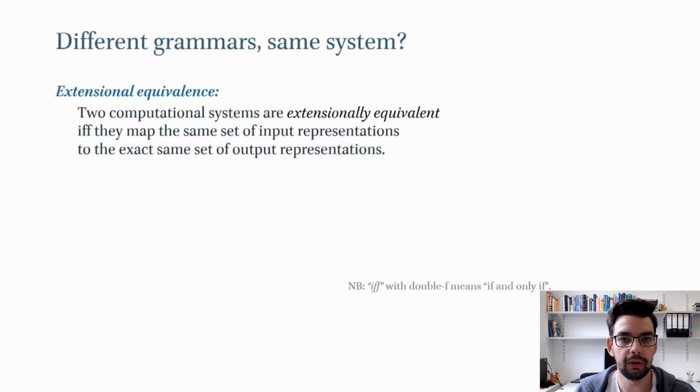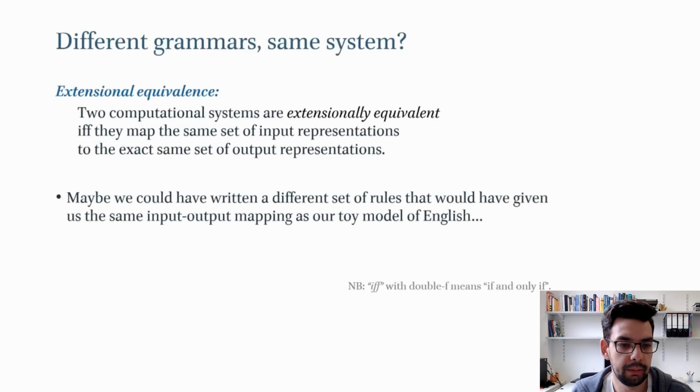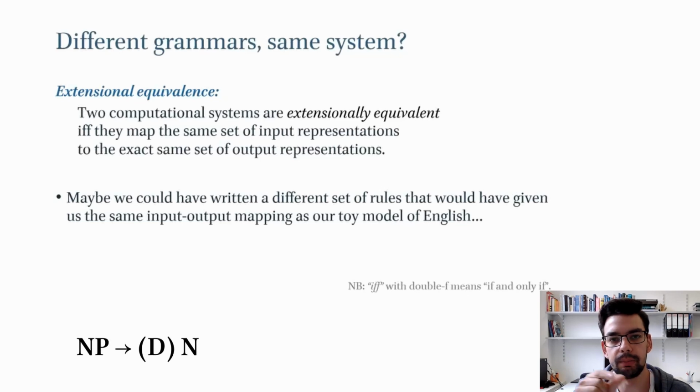And you might well have thought earlier, well, yeah, maybe we could have written a different set of rules that would have given us the same input-output mapping as our toy model of English had. In fact, during that video, I told you about one such possibility. So you might remember that the rewrite rule for a noun phrase, NP, said, well, NP can be rewritten as a D in parentheses followed by an N. And I said, well, let's use D in parentheses to mean that's optional.